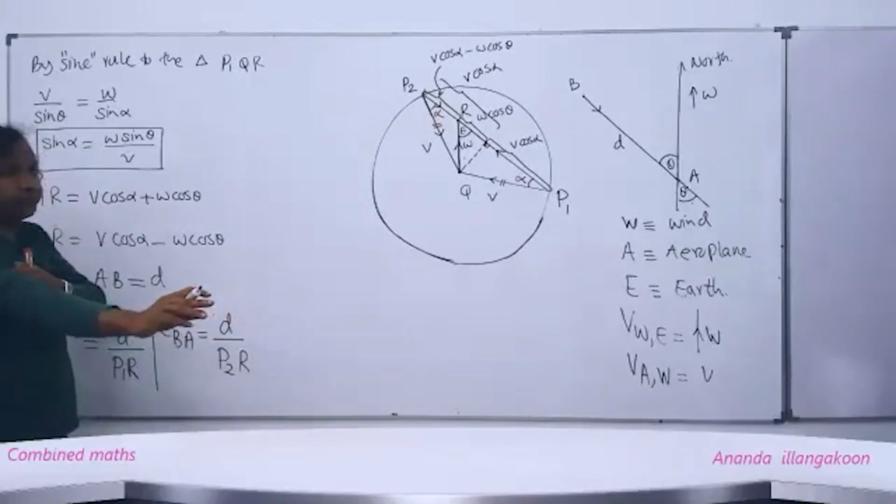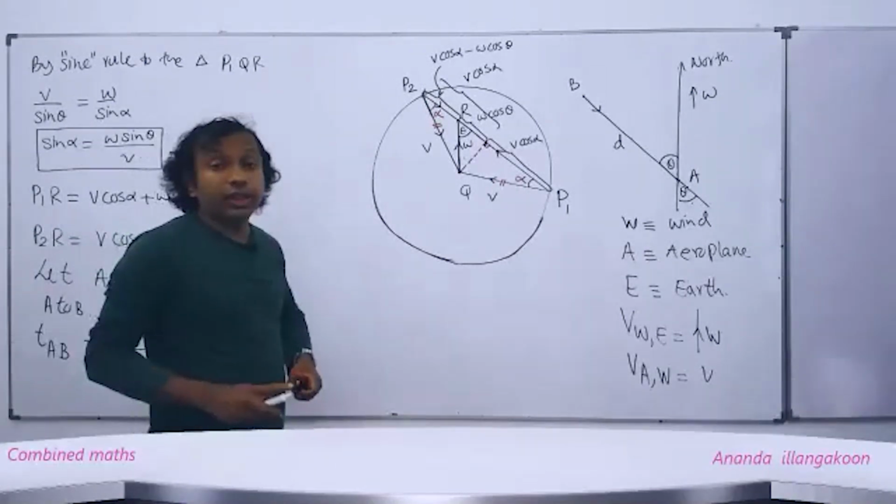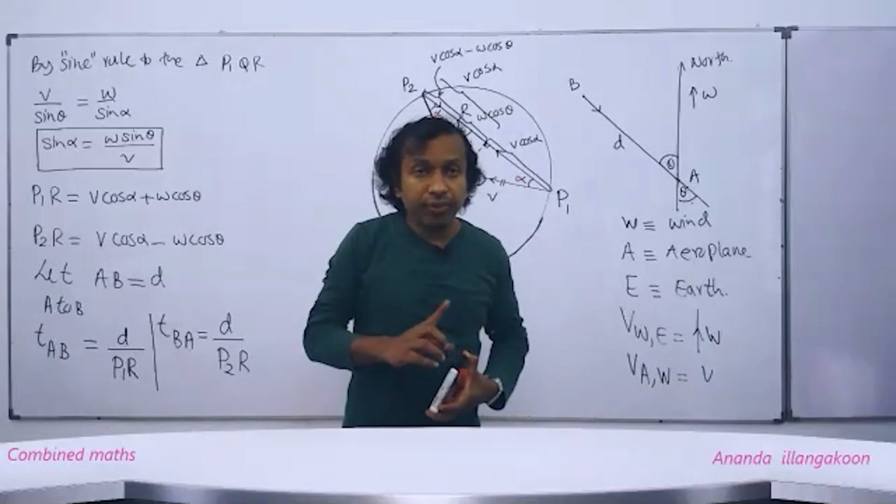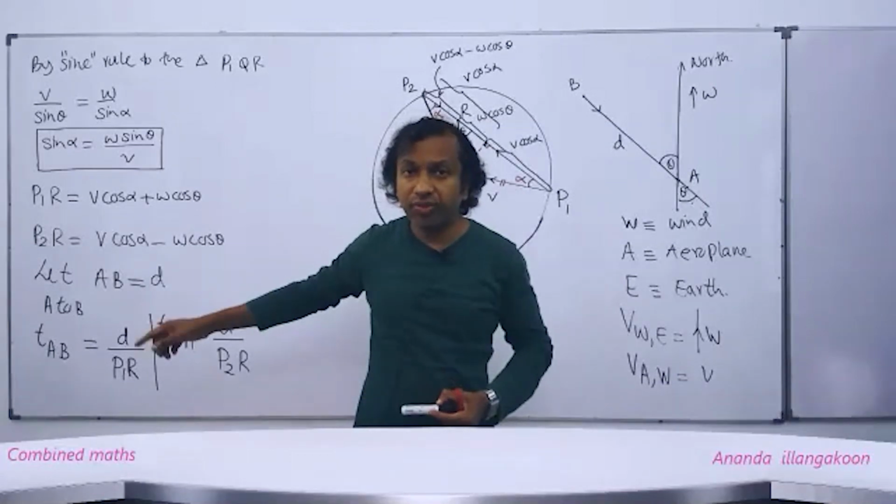Okay. Then can you tell me the total time taken for the A to B journey and the B to A journey? It is the sum of these two, right?